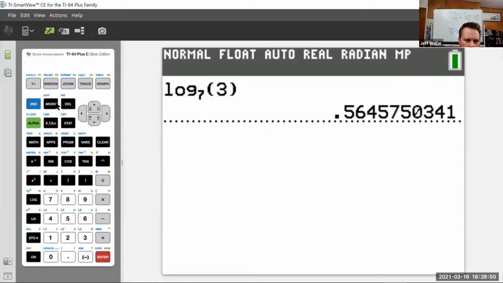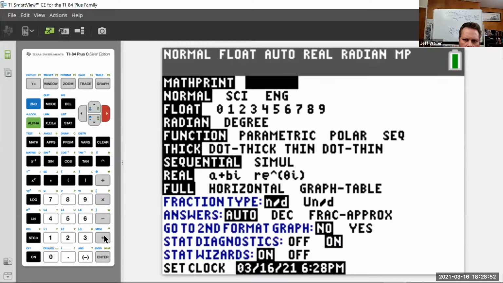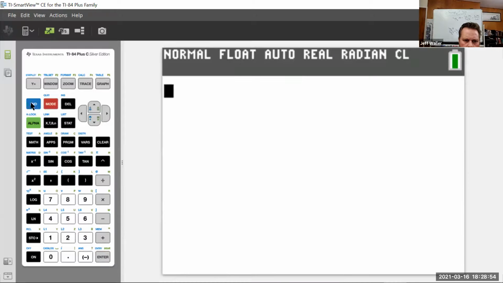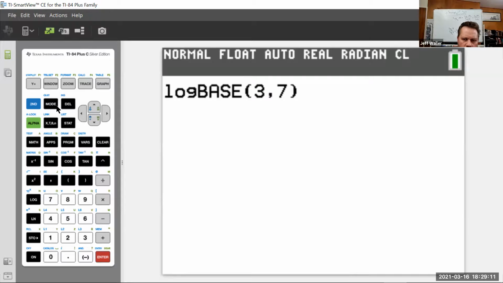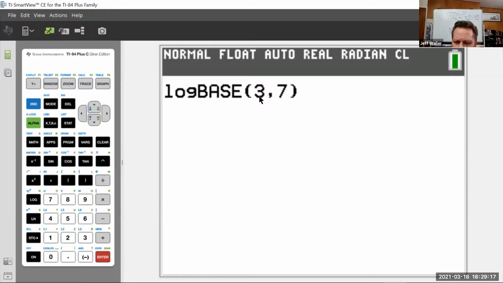What's it look like in the older calculators? You have to do log base and then base comma argument in the old calculator. If you have something where the square root symbol doesn't grow, it's going to look like this. So it was log base 7 of 3.